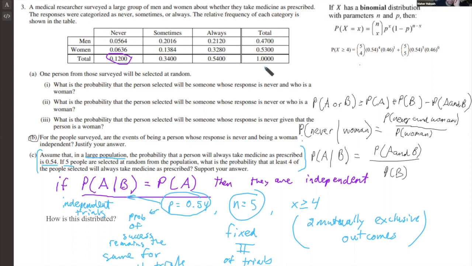Showing this is how you get points: 1 minus binom CDF of n equals 5, p equals 0.54, x equals 3. Or you could write binomial PDF of n equals 5, p equals 0.54, x equals 4, plus the same binomial PDF for 5, and you avoid doing any other calculation.